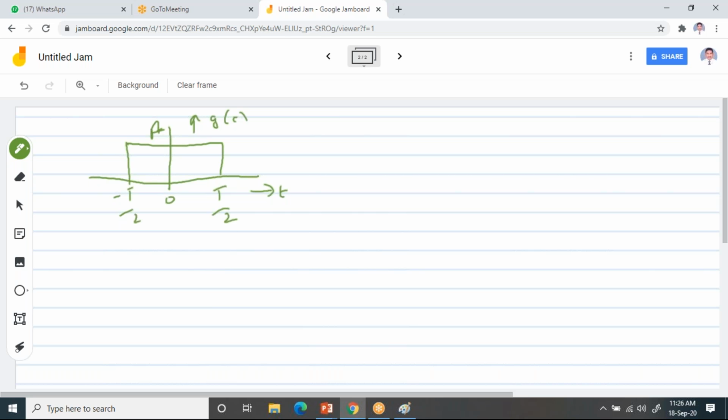Now, first you need to write the mathematical equation of this rectangular pulse. You can write it as g of t equal to A rect of t by capital T, existing for minus T/2 less than t less than T/2, and 0 elsewhere.